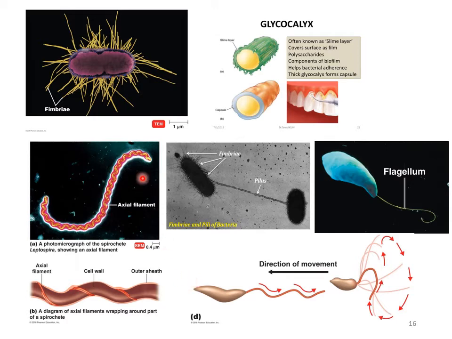And you also have the axial filament, which you'll find on spirochetes that helps them gyrate or corkscrew into things. And an example for the axial filament will be the bacteria, the spirochete that causes syphilis and allows syphilis to embed within tissues.